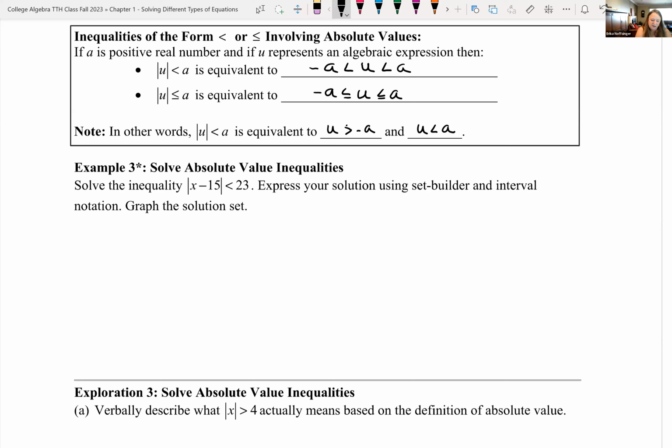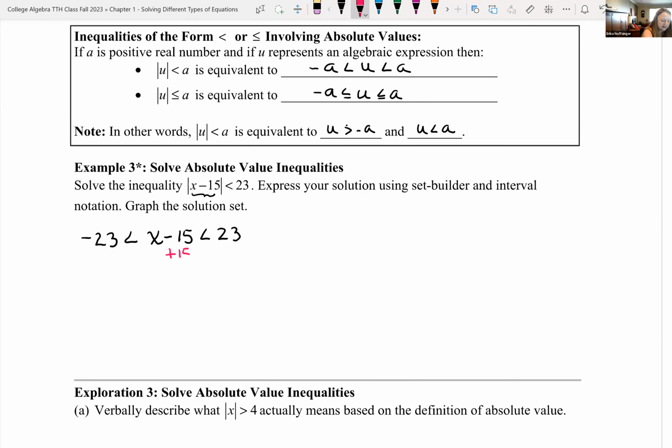So solving the following, we have the absolute value of X minus 15 is less than 23. So I can break this down as -23 is less than what's inside my absolute value, X minus 15, is less than 23. So let's get X by itself in between the 2 inequalities.